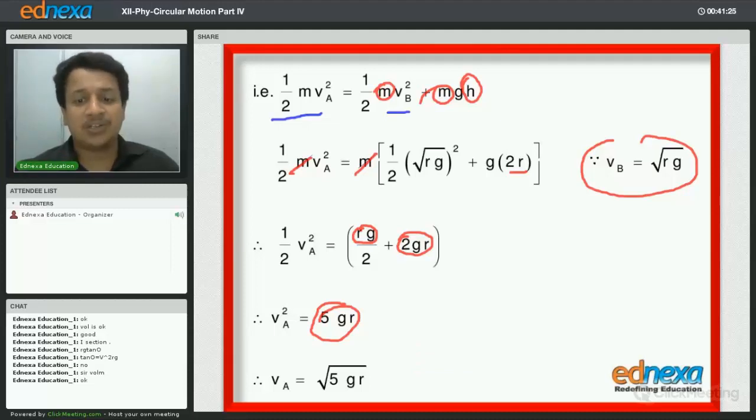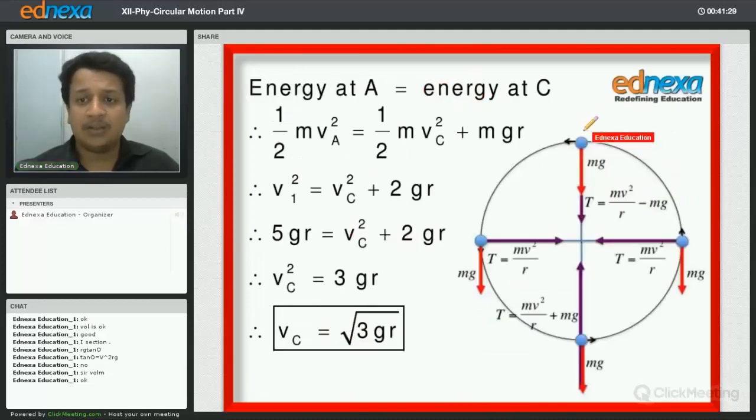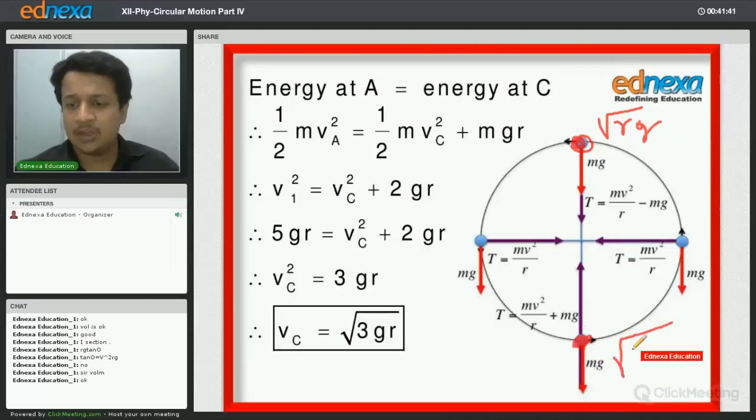Okay, let's proceed further towards the next point. Velocity at point B here, that is root gr or rg. Velocity at point A, that is bottommost point, that is root 5 rg. Is it right?